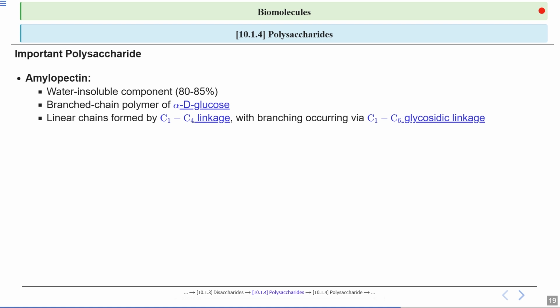Now, if we look at the linkages, the main chains are linked by C1 to C4 bonds, which means the first carbon of one glucose connects to the fourth carbon of the next. And branches form through C1 to C6 glycosidic linkages, where the first carbon of one glucose attaches to the sixth carbon of another. So this is a linear chain formed by C1 C4 linkages with branching occurring at C1 C6 glycosidic linkages.